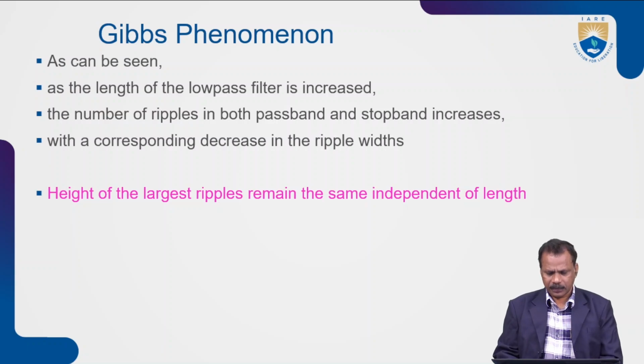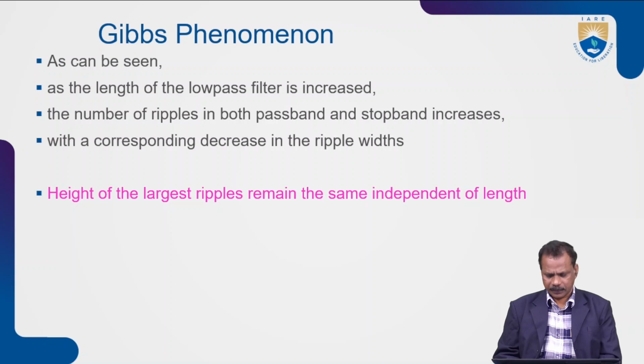So by using this graphical representation, we can see the Gibbs phenomenon. It follows that as the length of the low pass filter increases, the number of ripples in both passband and stopband also increases, with a corresponding decrease in the ripple width.